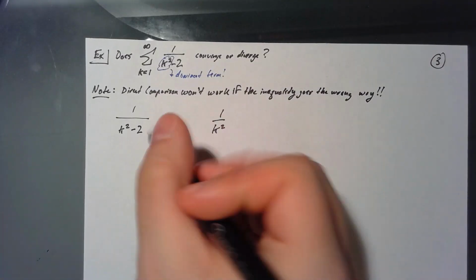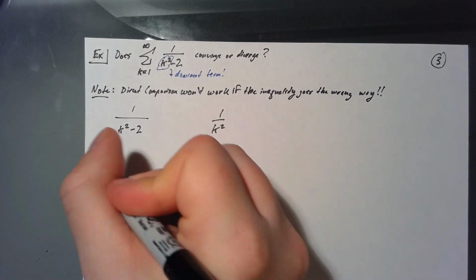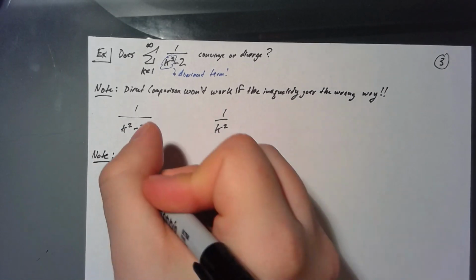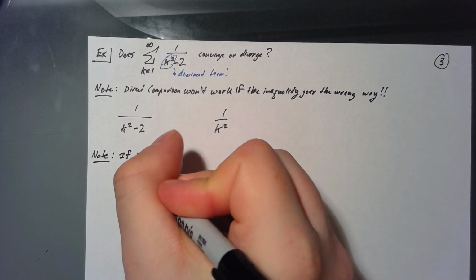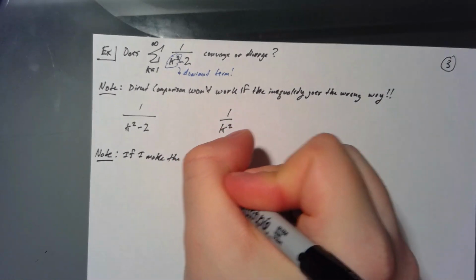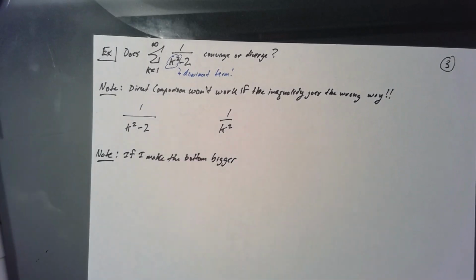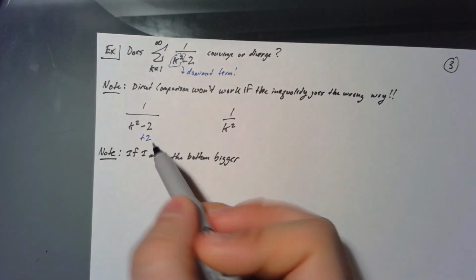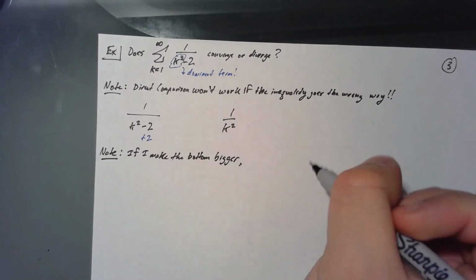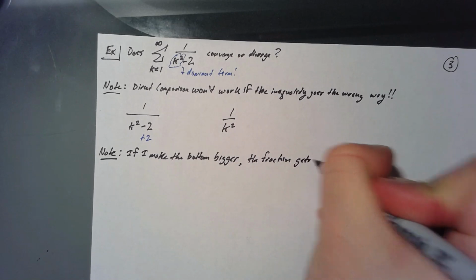Based upon what we just did, I'm going to make a little note here. Note: if I make the bottom bigger, in other words, if I add 2 here, that's the natural thing you would do. If I make the bottom bigger, how does that change the fraction? The fraction gets smaller.